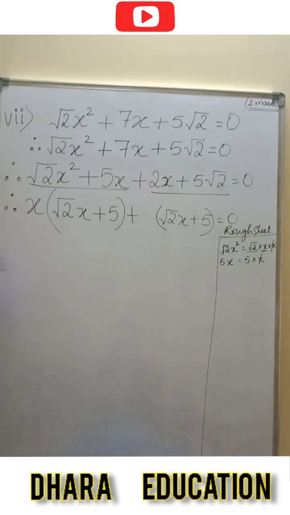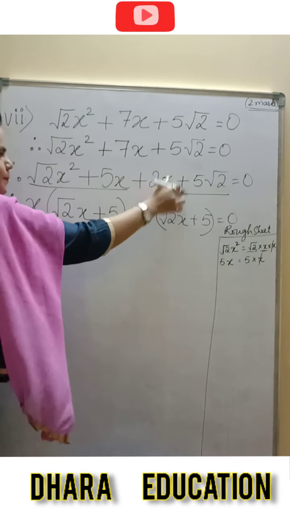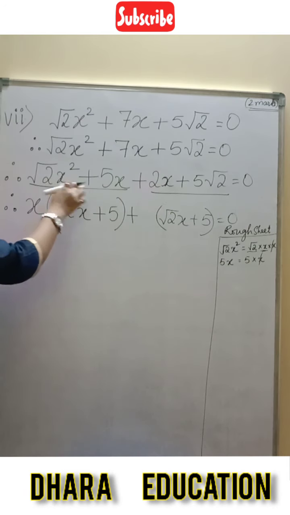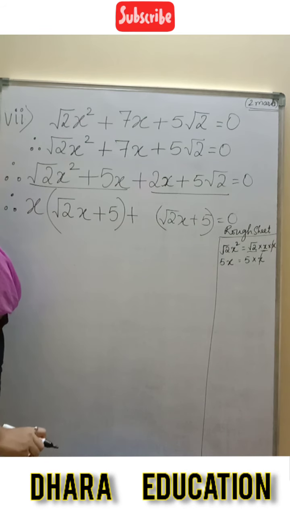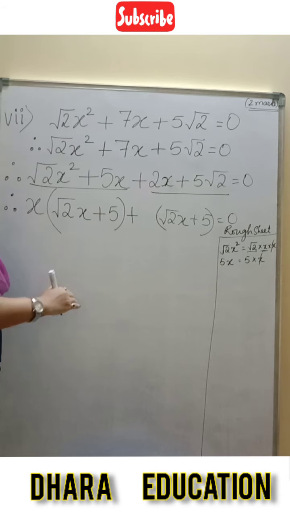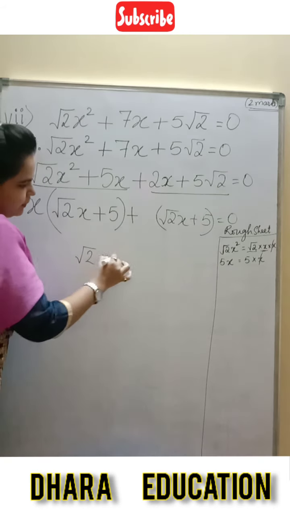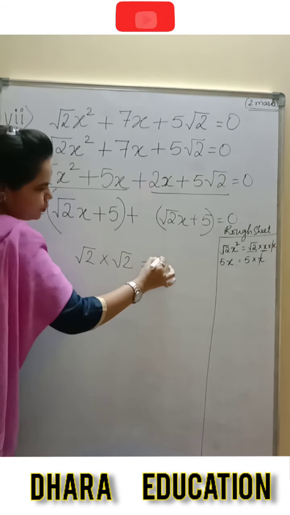Alright, but what number should I put over here so that this pairing will be fulfilled, the way this pairing has been done? So please tell me what the answer will be. As I showed you at the very start of solving this sum, root 2 multiplied by root 2 gives you 2.